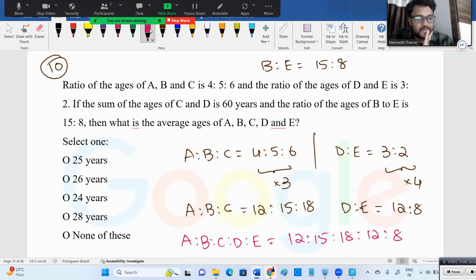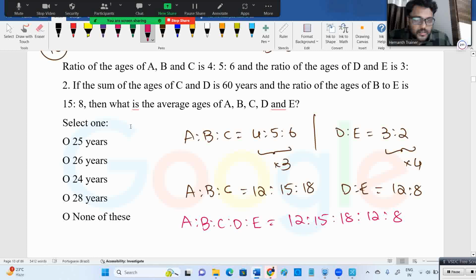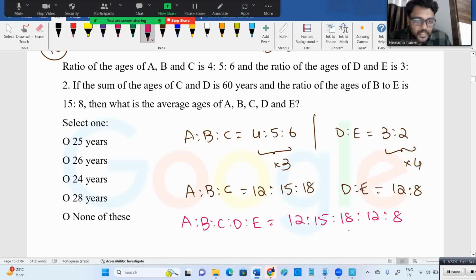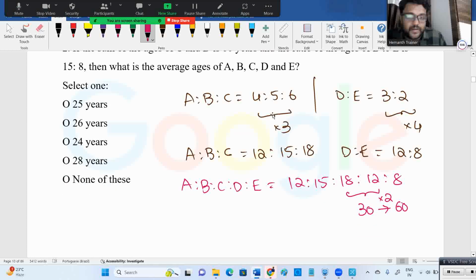Okay, and they given C plus D is 60 years. So here, C value 18, D value 12, that is 30, but they want 60, means we have to double, right? So all should be doubled, and they're asking average, means sum divided by number of.